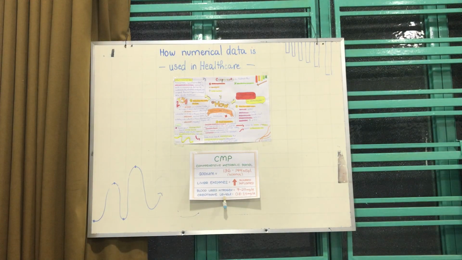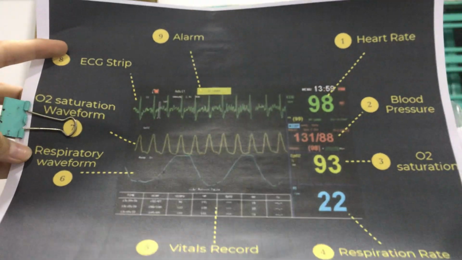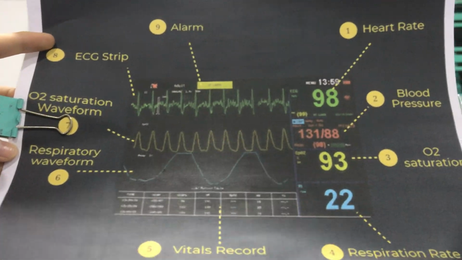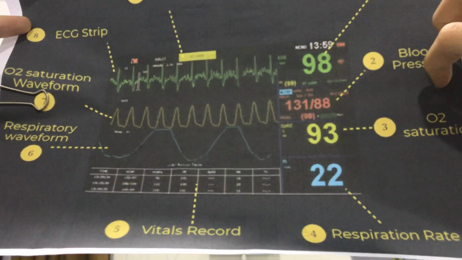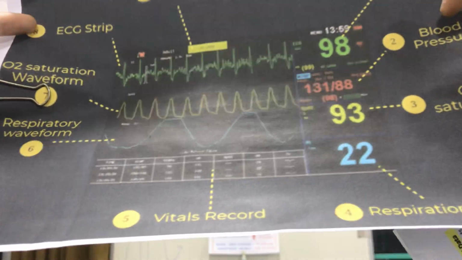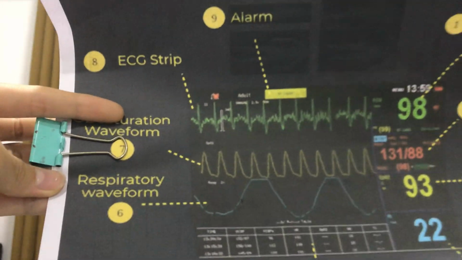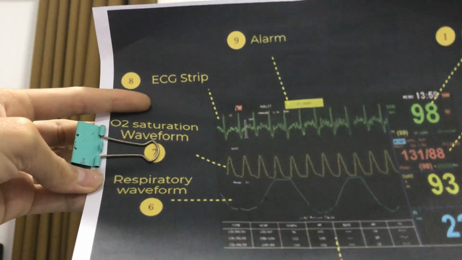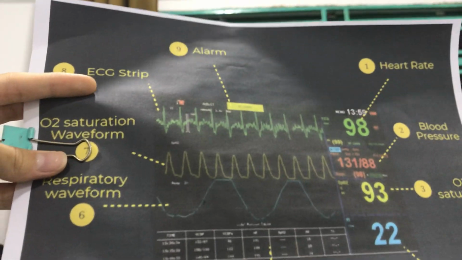Here is a picture of the screen. Firstly, there's the heart rate. There's the blood pressure, the O2 saturation, respiratory rate, vitals record, and there is the O2 saturation waveform, ECG strip, and the respiratory waveform.